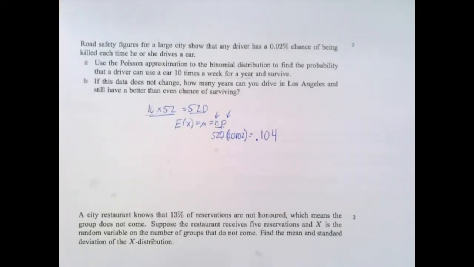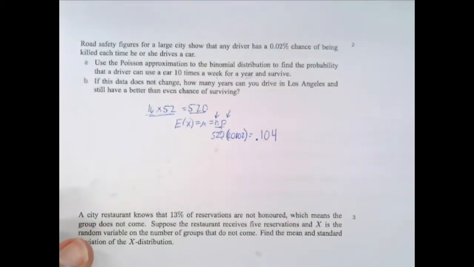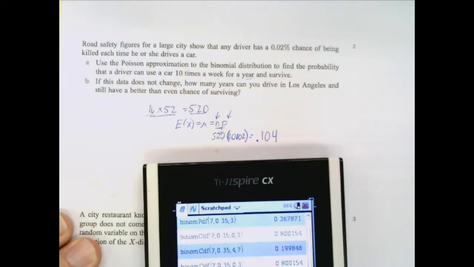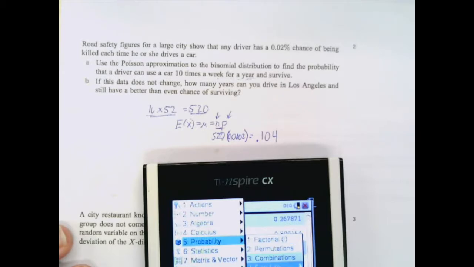Now, that being given, we're going to use a Poisson distribution to find the probability of surviving. So for the Poisson distribution, we can just use Poisson PDF. You can also use the equation and do it by hand if you want, but I'm going to use this right now. So we'll go into distributions.